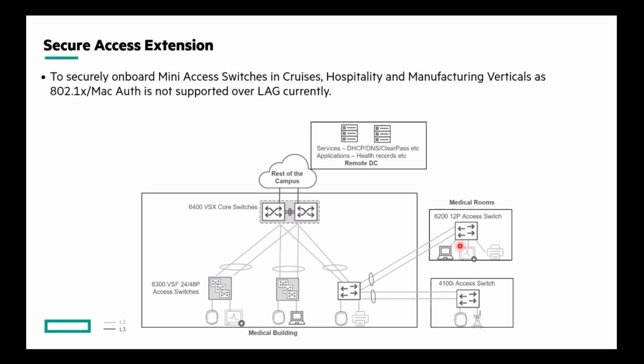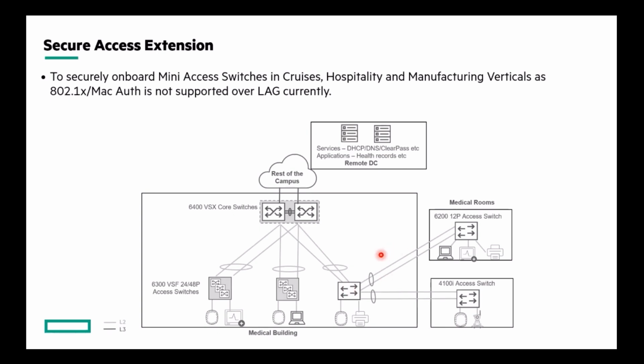They will try to deploy mini access switches like a 12 port 6200 or the 4100i series. When these switches are connected to the main access switches, they are able to do the extension of the access. So they call it a secure access extension. Before 10.13, these devices could not be connected over LAG for secure onboarding because we do not support 802.1X or MAC authentication over the LAG interface.